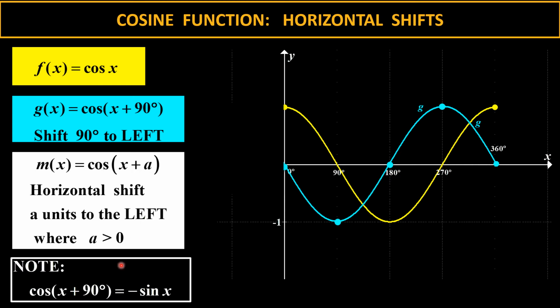Also note, if I take cosine of x plus 90, x plus 90 is in the second quadrant, and cosine is negative in the second quadrant. So this cos of x plus 90 using the reduction becomes negative sine of x, right? The co-ratio there. And you can see that this graph is the sine function, but the negative sine function. Okay.